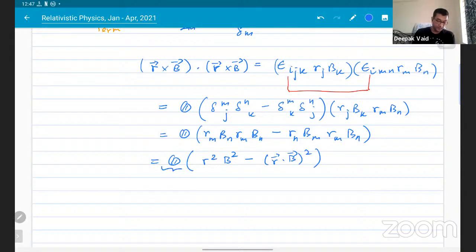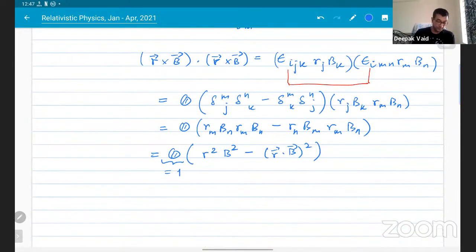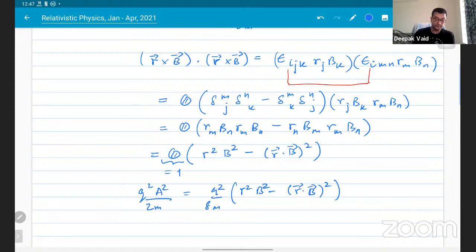And this factor is 1, by the way, so we can just set it to 1. So finally, our diamagnetic term becomes Q squared by 8m times R square B square minus R dot B square.